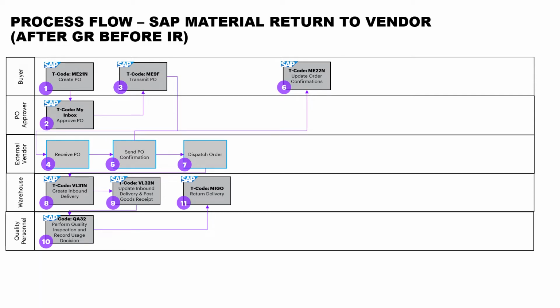And after it's been approved, then the purchase order gets automatically transmitted to the external vendor. Okay. And after the vendor receives the purchase order, he or she will review the PO to look at the quantities, to look at the delivery dates if they can meet the deliveries that you have requested.